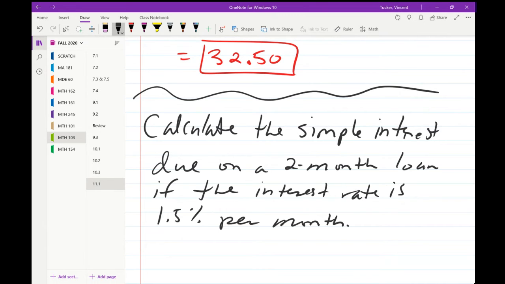All right, calculate simple interest due on a 2-month loan if the interest rate is 1.5% per month. The key here that's different than any of the problems we've done up to this point is that my interest rate is per month.